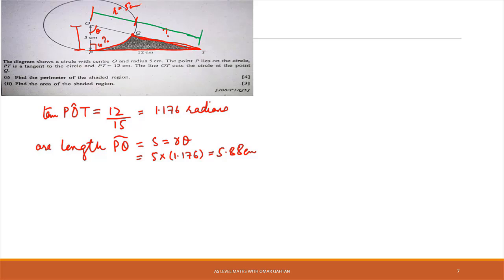So we will first find this side OT, and then subtract 5, or OQ, from OT, and the remaining thing will be QT only. So I can write here QT is equal to OT minus OQ. In this way we will be able to find this side QT.